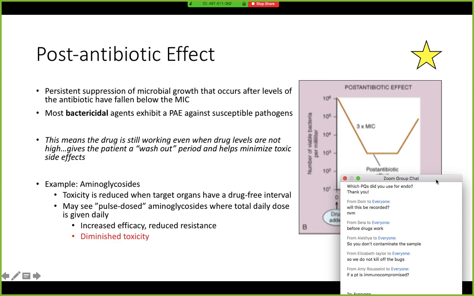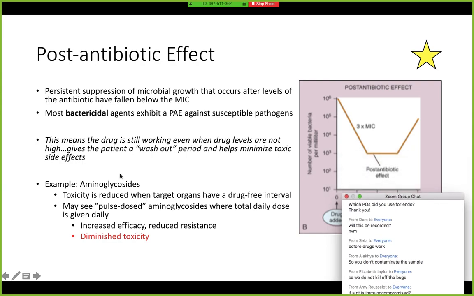So just another definition here. The post-antibiotic effect basically means that a drug is going to continue to work even when the drug levels are not high. So even when things have washed out, the drug is going to keep working. It's going to keep killing. And the main reason that this is important is because you see a diminished toxicity.